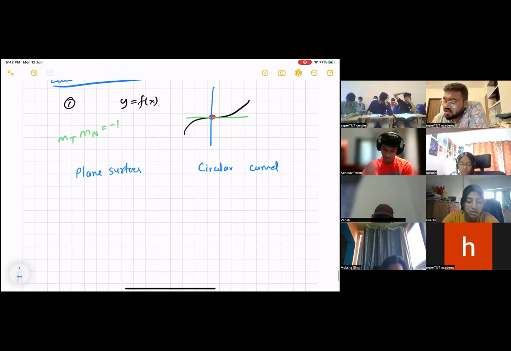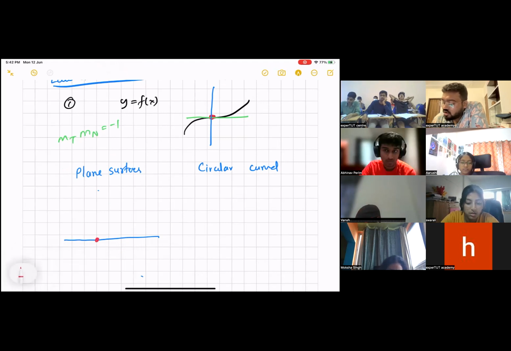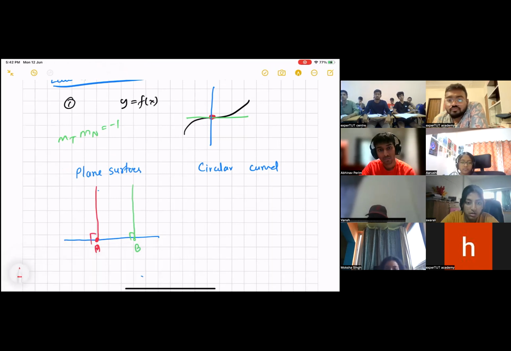In a plane surface, the normal is a line perpendicular to it. Pretty simple. If you want to find the normal at point A, it is this. If you want to find the normal at point B, it is this. Pretty clear, right?